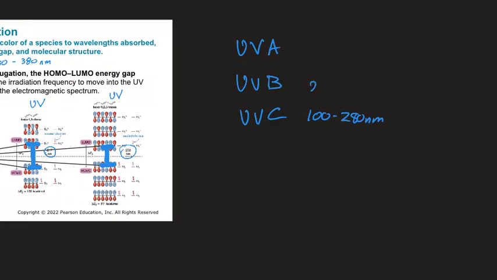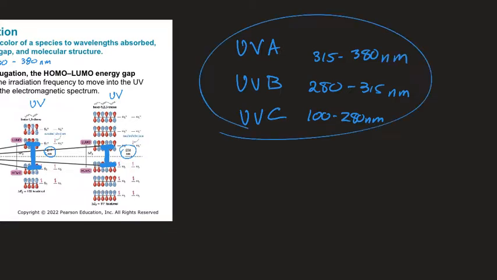The UVB is from 280 to 315 nanometers. And the UVA is from 315 to, I'll put 380 nanometers. Now this data is from the World Health Organization, as far as their ability to monitor UV exposure, sunscreens, and things like that.